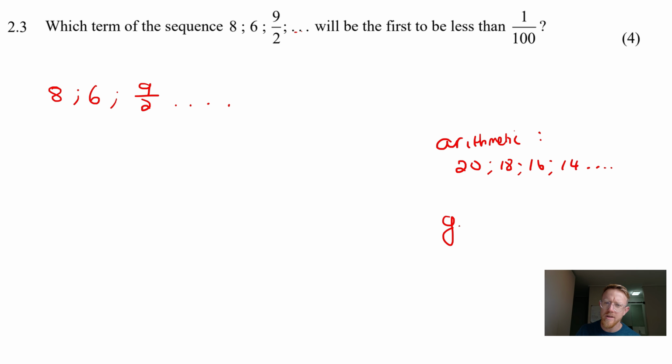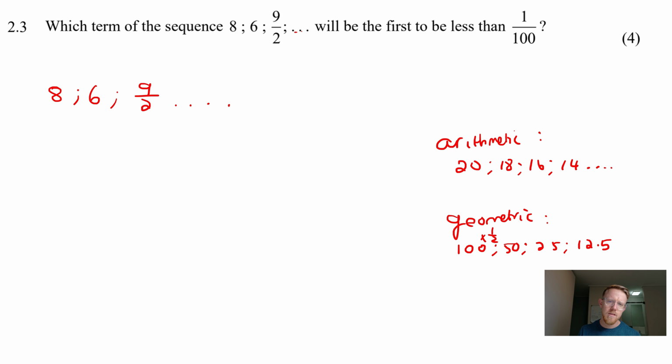And then we've got geometric patterns where you are going, for example, 100, 50, 25, 12.5. So what you can see is that you are multiplying by a half each time. So with geometric, you're multiplying by something, and with arithmetic, you are adding or subtracting something.